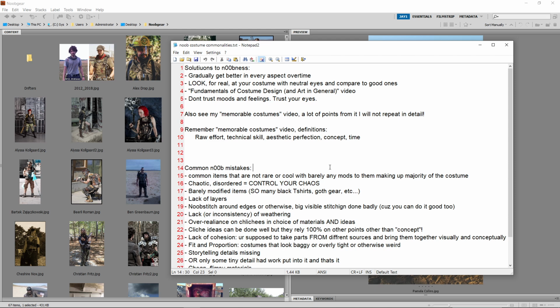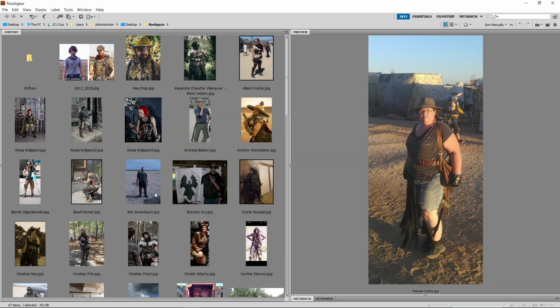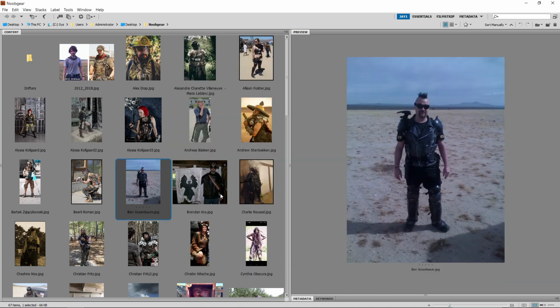Now, let's actually start with the latter point. Here I noted a couple of useful techniques. You have to look with neutral eyes at your costume and not trust your moods and feelings. Trust your eyes. In short, you have those amazing stories and moods and emotions in your head after playing Fallout, after watching Mad Max, all of those good things.